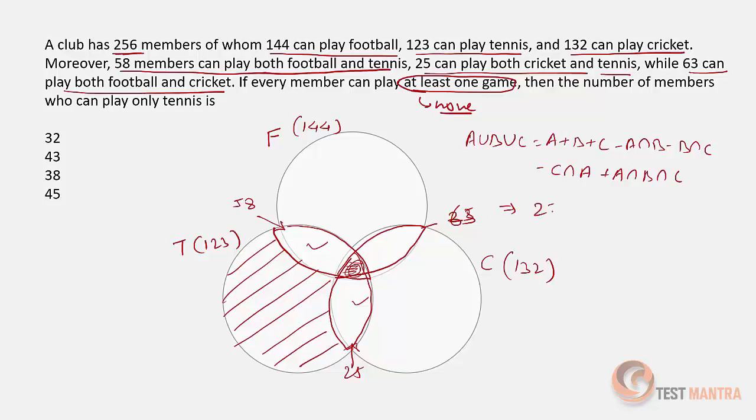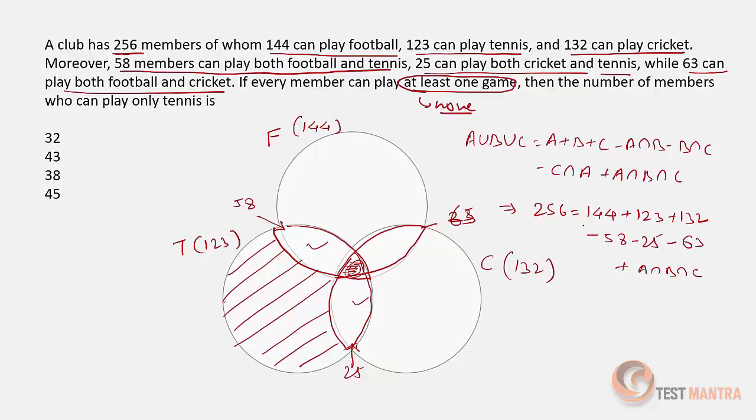So 256 should be equal to 144 plus 123 plus 132 minus 58 minus 25 minus 63 plus the intersection part, A intersection B intersection C. Let's try to solve this one.